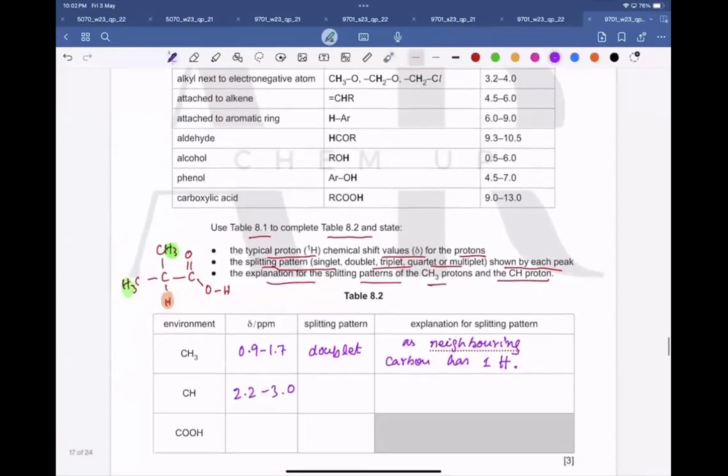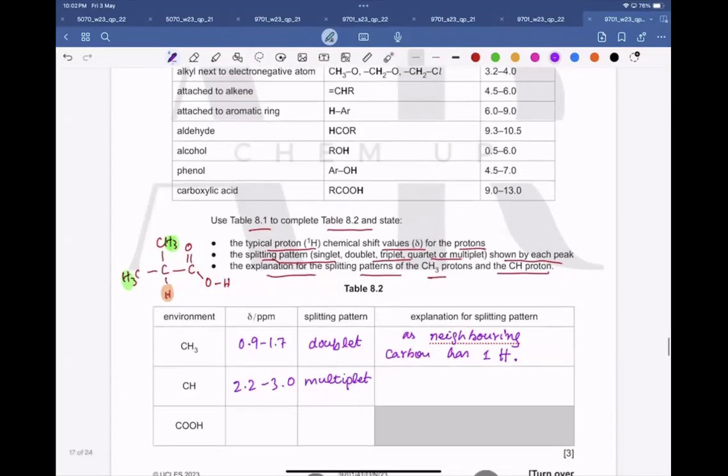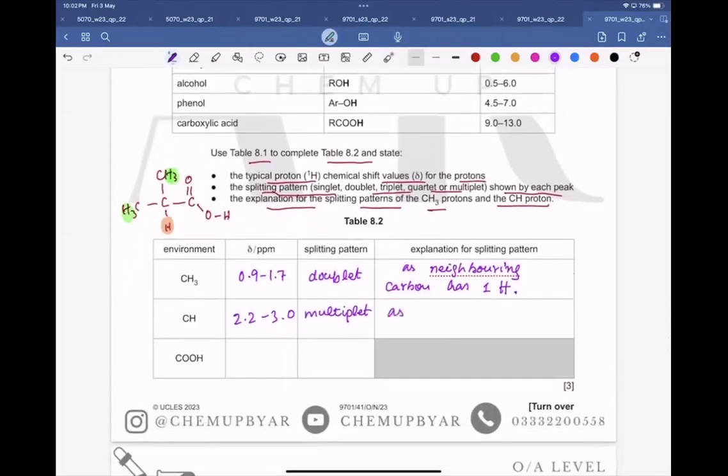So the splitting pattern would be a multiplet. Is this understandable to all of you? So what we will write is: neighboring carbons, there are two, have 6 hydrogens. Is this understandable to all of you?